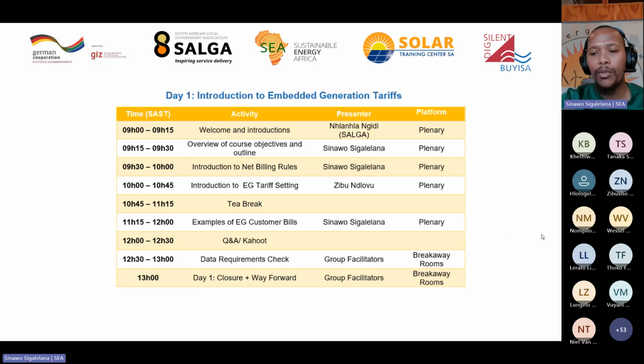But for non-time of use customers, is this when you want to introduce an export on SSEG tariff or net billing tariff or feed-in tariff to a non-time of use customer? Is that the case? If I understand you correctly.